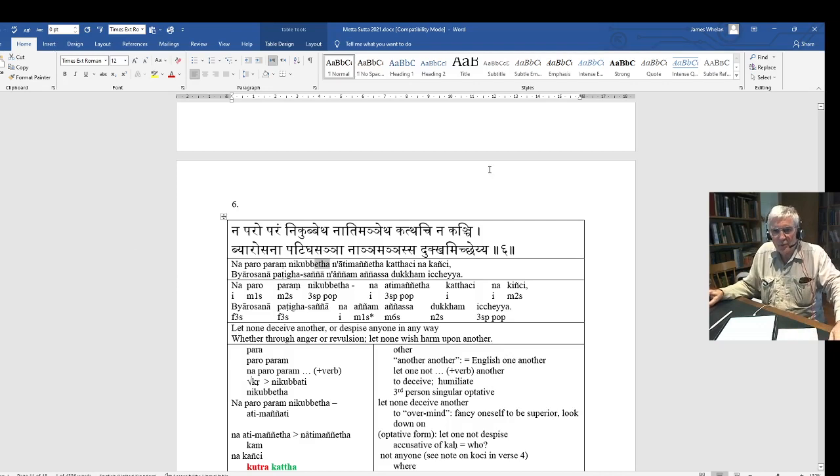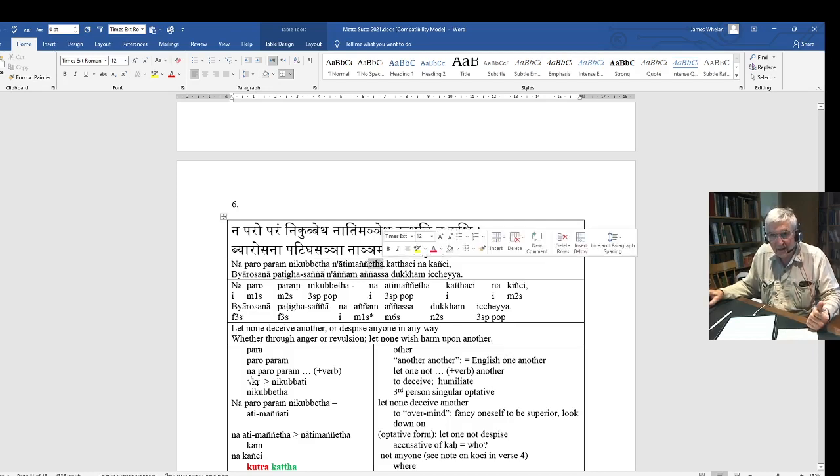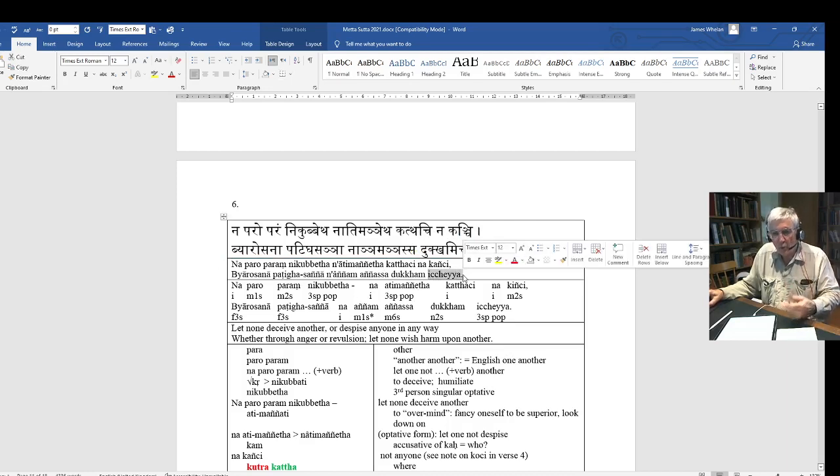So, na paro param nikubeta, let one not deceive. And the same echoes here: nati manyeta, this eta ending. At the end of the second line, nanyamanyasa dukkham icchaya. Again, we're now in more normal form.